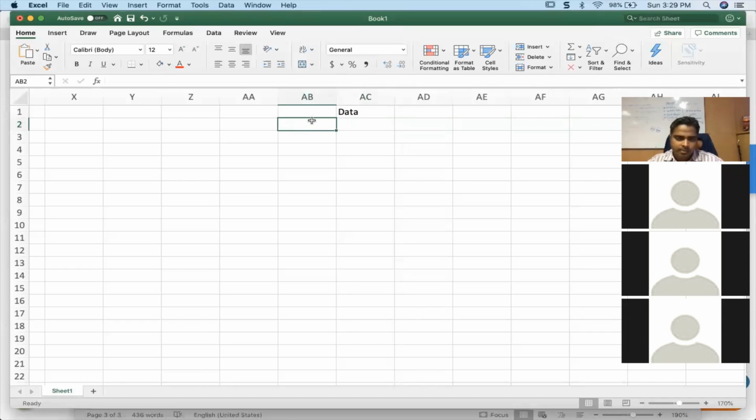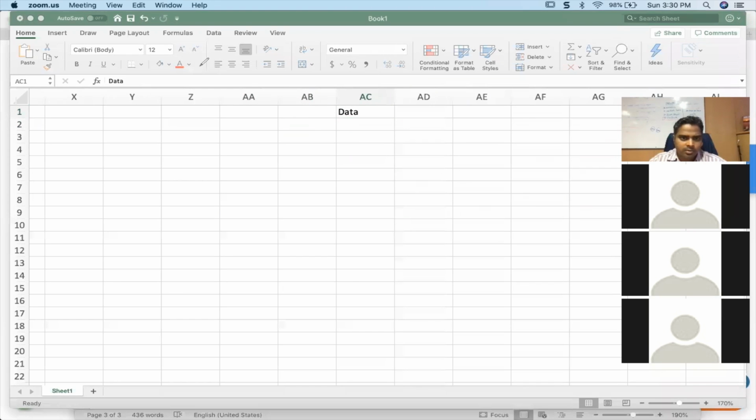Forgot my scribbling pad, but then let me try. So in this historical data which is given to you, you will have output variable and input variables, y and x.